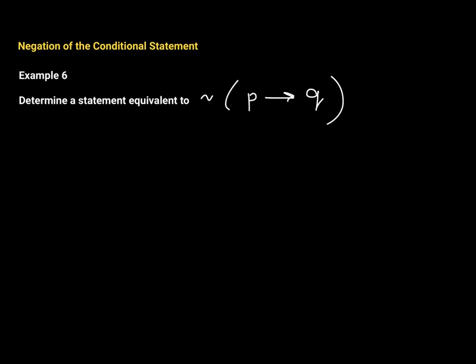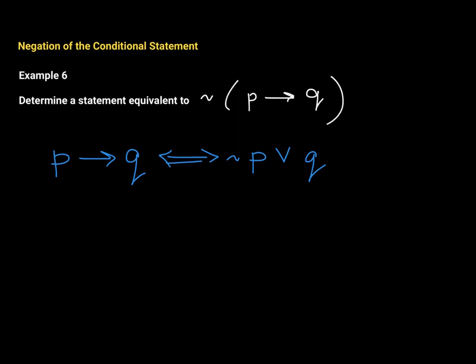The first thing we're going to do is start with this statement: if P, then Q. Now, we know that this is equivalent to not P or Q. You can look back at your notes. A little while ago, we said that we can write a conditional statement as a disjunction. So that's what we're using here.